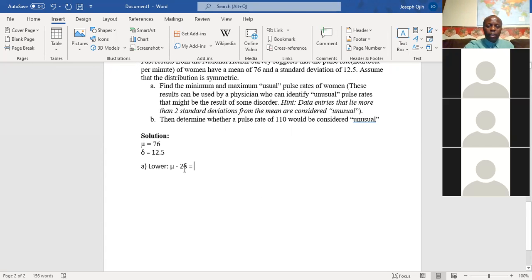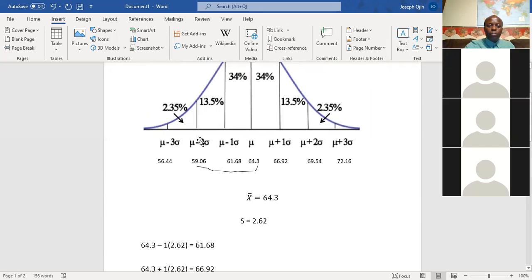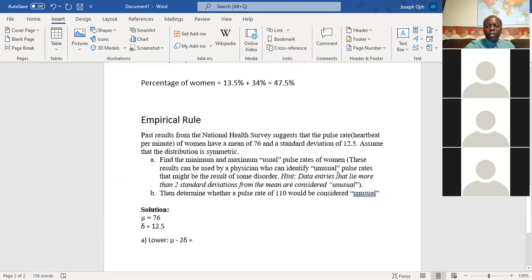Why do we use this formula? Because it falls within the usual range of this 95%, from here to here, which is the 2 standard deviations. Remember, it says here that the data entries that lie more than 2 standard deviations from the mean are considered unusual.